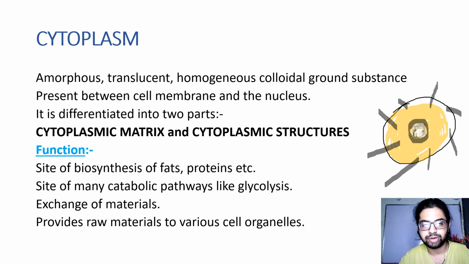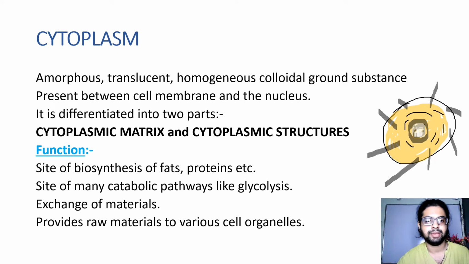So it is translucent, homogeneous and colloidal in nature. Why is it homogeneous? Because it is uniformly distributed in the cell. So this is the substance which is called cytoplasm, and it is present in between the nucleus and the plasma membrane.